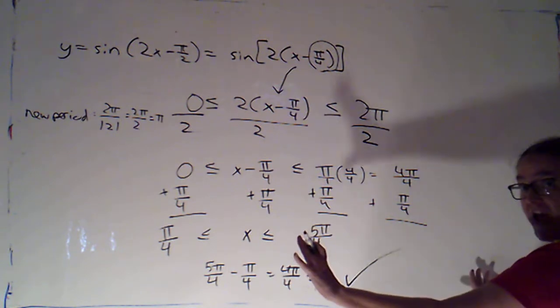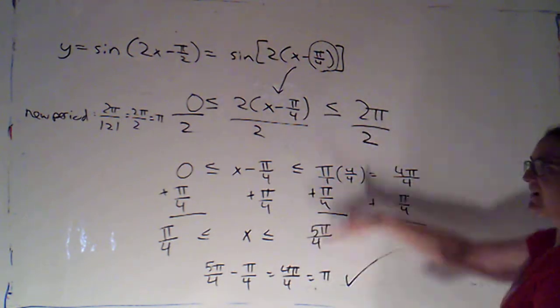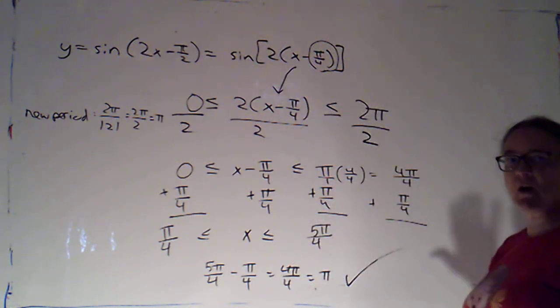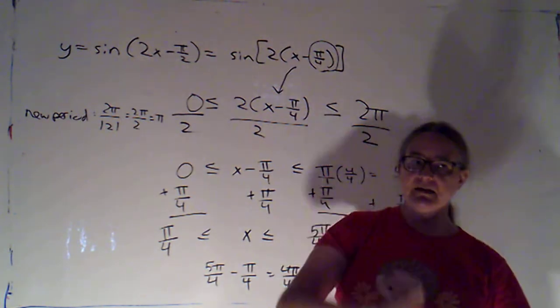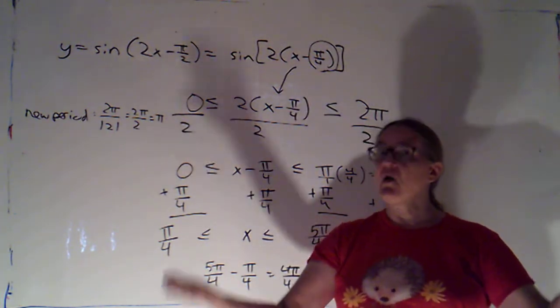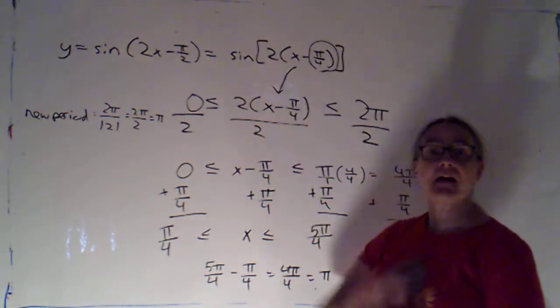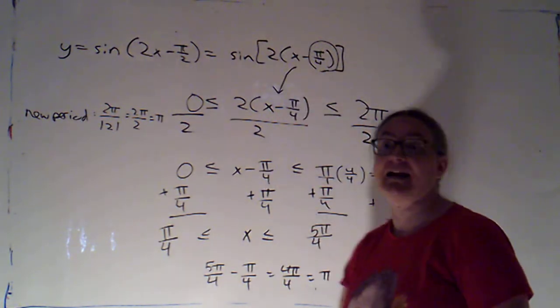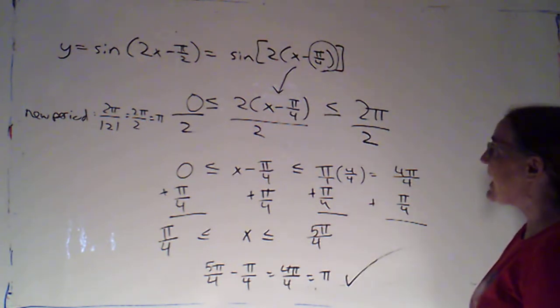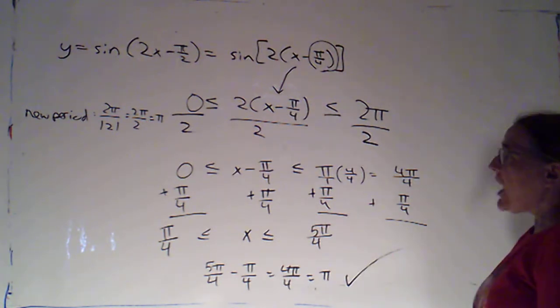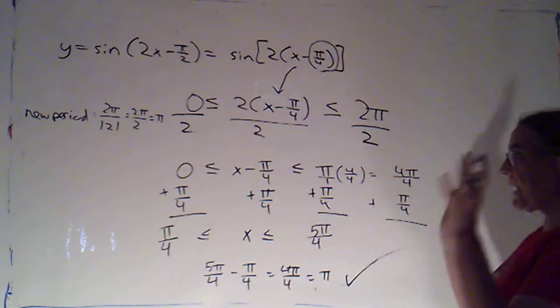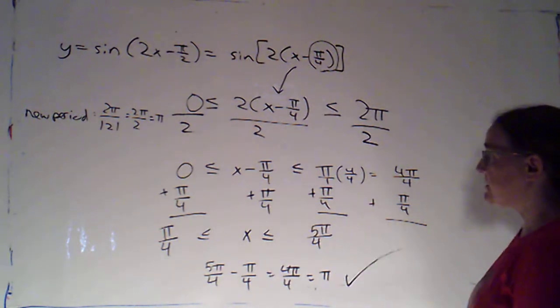It's a quick check to make sure that you haven't made a careless mistake here. You've got two ways of calculating the period: ending point minus starting point, or original period of 2 pi divided by the absolute value of whatever number you were multiplying by x.